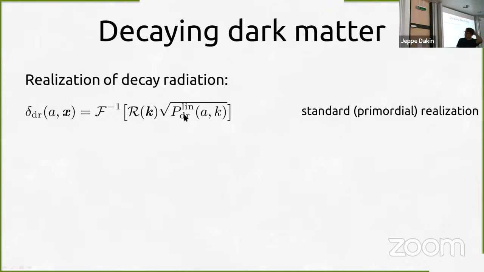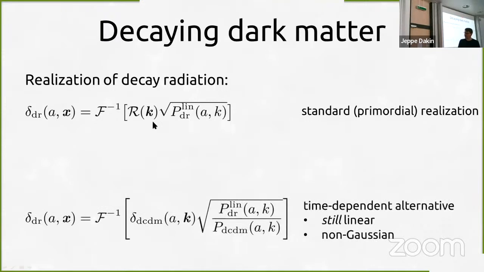Okay, so just as a side note on this, the realization of the dark radiation. So it's the same formula as before. The dark radiation is just given by the power spectrum and this random field. But here's an alternative which we might use instead. So the dark radiation is produced throughout time, and it's supposed to be emitted by the decaying dark matter particles.